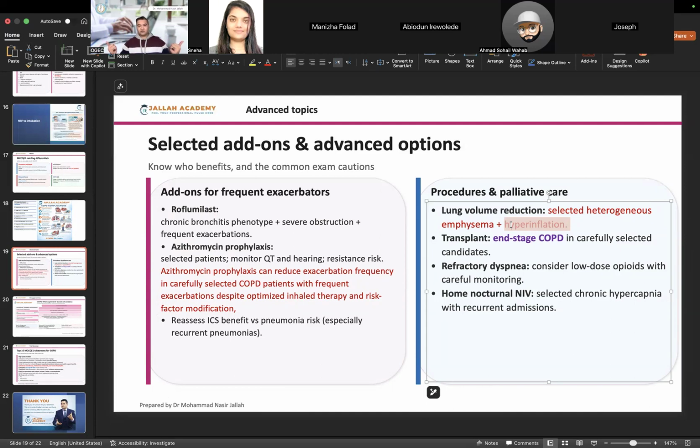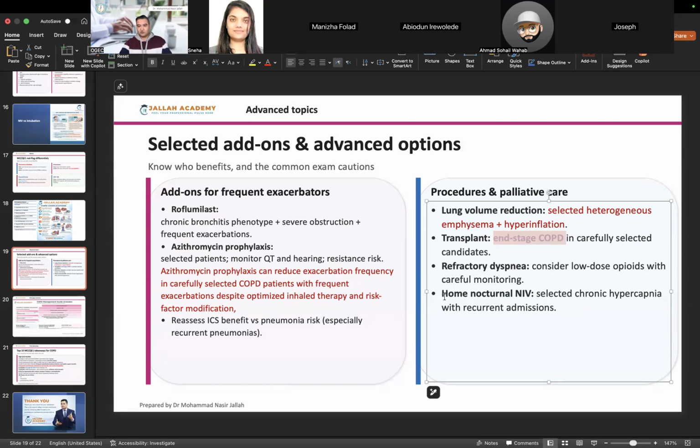Now I have to go after the surgical or procedural option that helps improve the symptoms, which is lung volume reduction. If that doesn't help, or if they mention the patient has end-stage COPD, that is a good indication for transplant. If you see this word, your answer is transplantation.